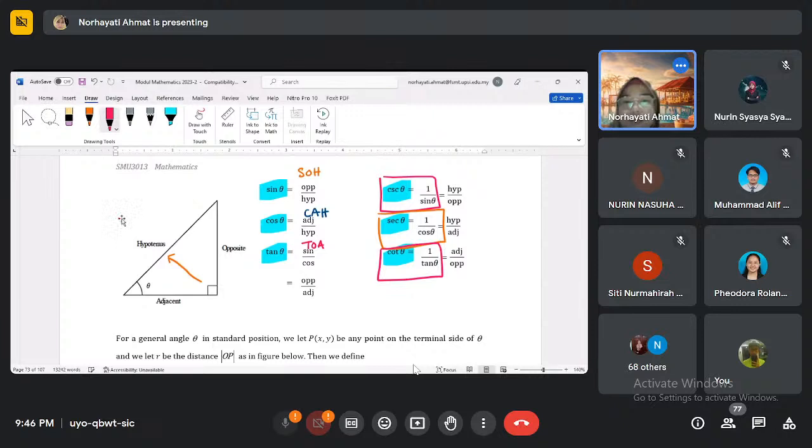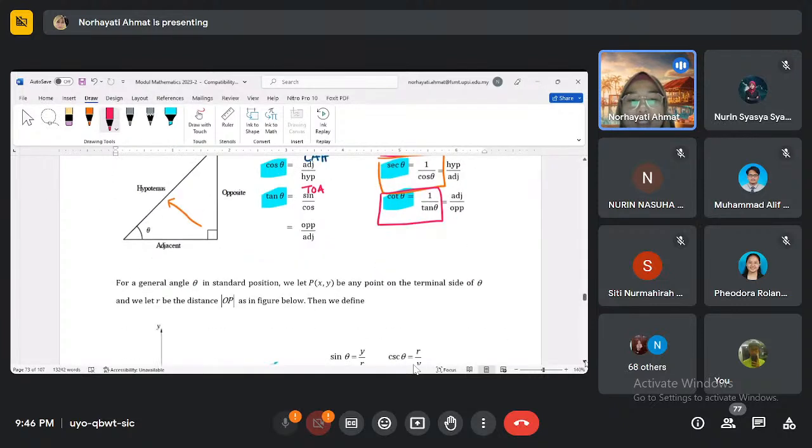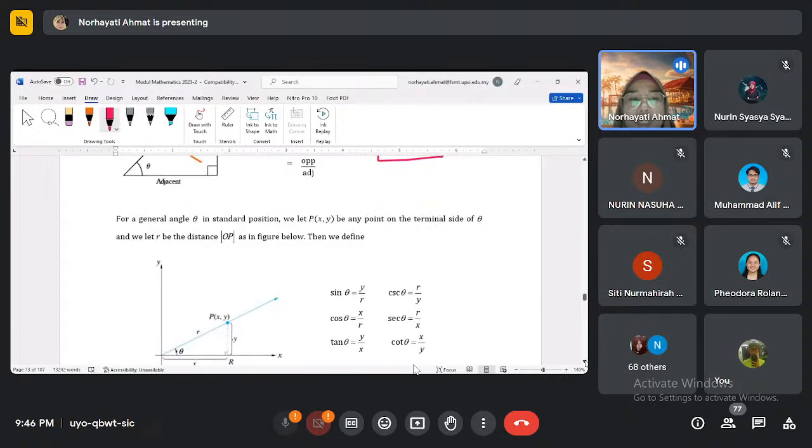Okay, can you follow, class? So we move on to how to relate an angle in standard position with a point on the terminal side of theta.